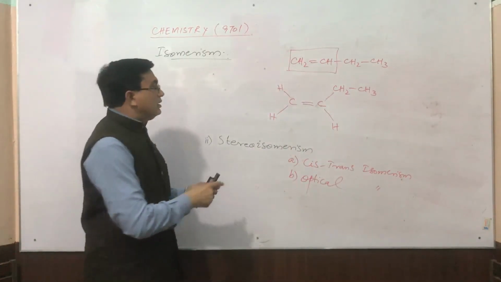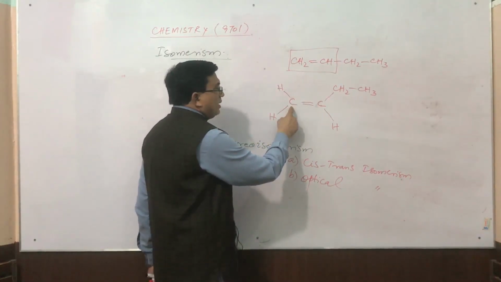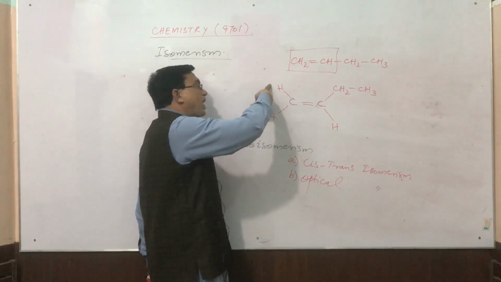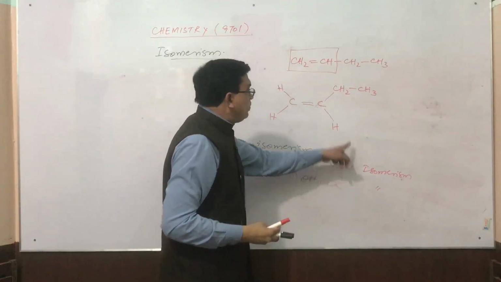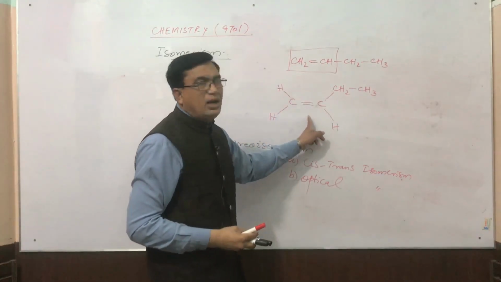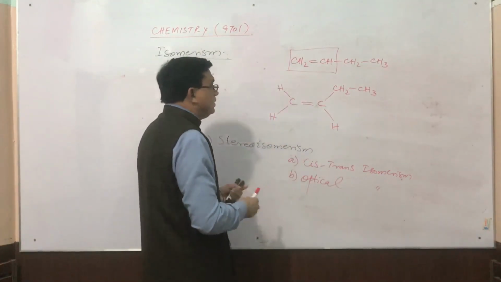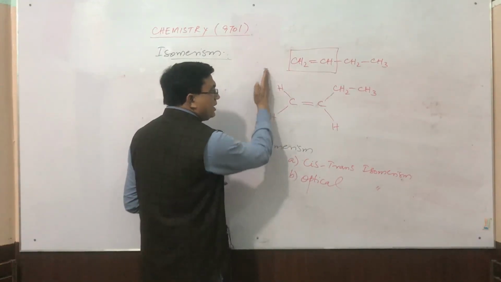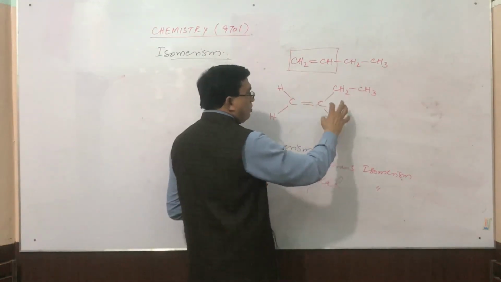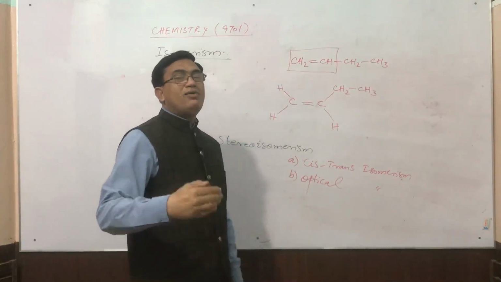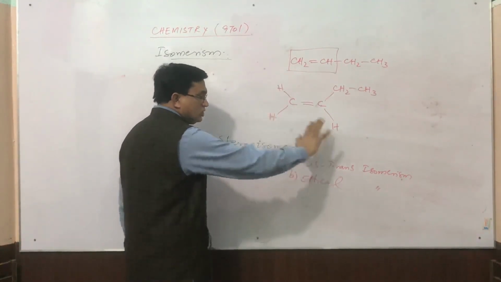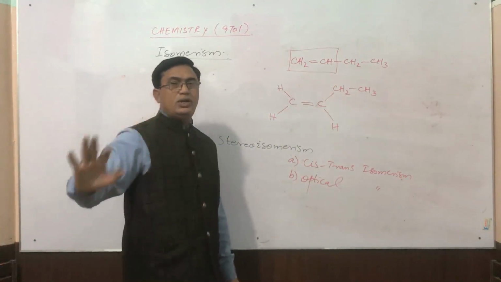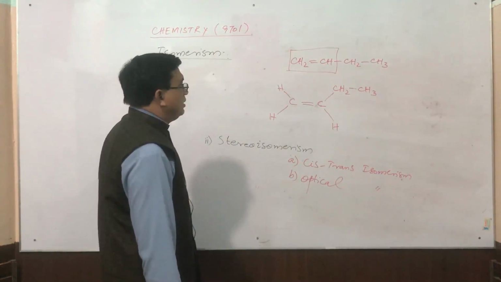Now, as this carbon contains two same groups, hydrogen, the cis-trans isomerism will not be exhibited by 1-butene, because one carbon contains the same group. No doubt the other carbon contains different groups, but due to this carbon having the same group, the question of cis-trans isomerism will vanish.